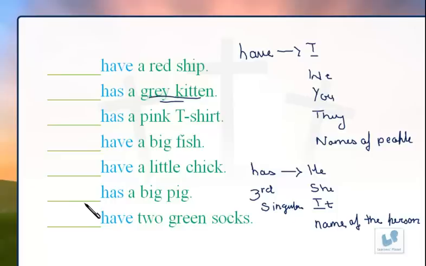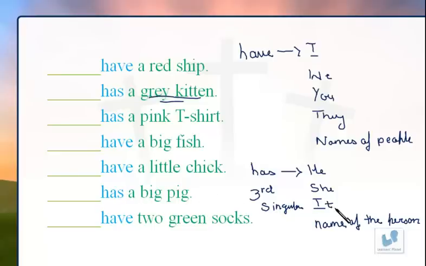Now let us see this fill in the blank. Dash has a big pig. So we use has with he, she, it and name of the person. So he has a big pig, she has a big pig and name of the person such as Liam has a big pig.